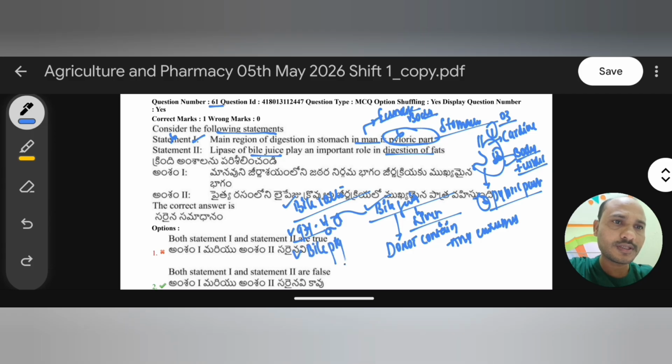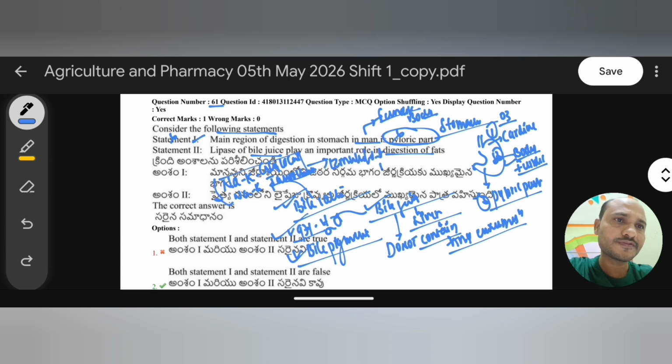Only these three things are present in bile juice. Bile salts include sodium and potassium glycocholate and sodium and potassium taurocholate. These are the important salts which play an important role in emulsification of fat. And there are two important bile pigments, bilirubin and biliverdin.